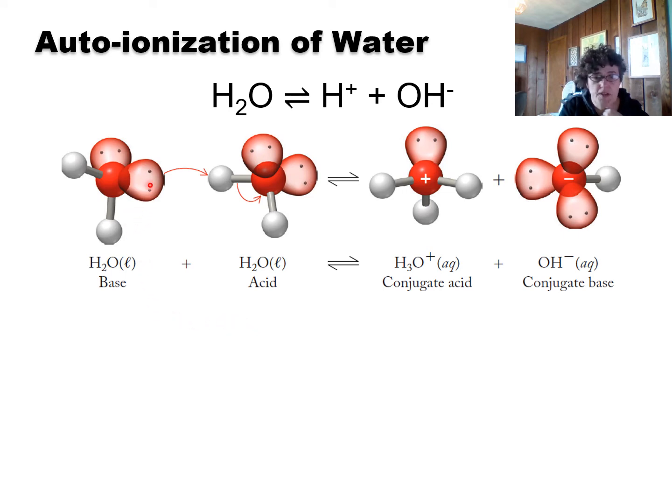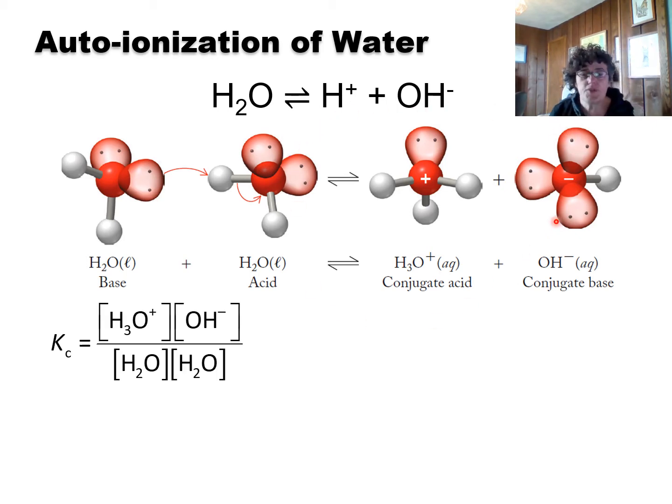The base one has the unshared pair to form a new bond with the hydrogen of the other one that's acting like an acid. And so you end up with a conjugate acid of the base. So this is the conjugate pair, base and acid, and this is the other conjugate pair, acid and base.